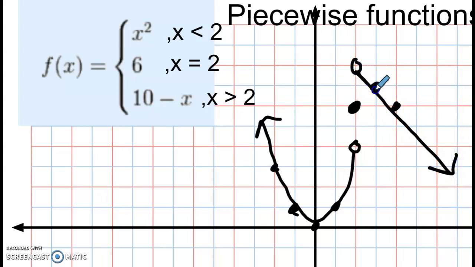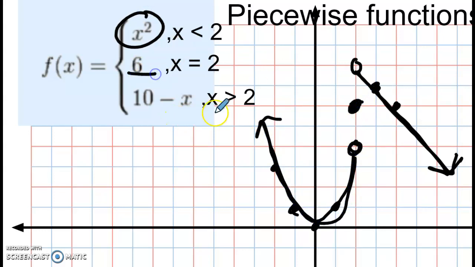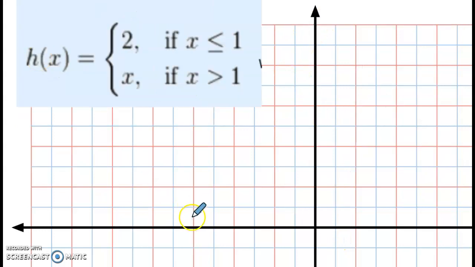There's my piecewise function. Wow. Strange looking, huh? It's x squared whenever I'm less than 2. As soon as I hit 2, I'm 6. And then when I'm bigger than 2, I'm the line 10 minus x. It's a graph defined in pieces.